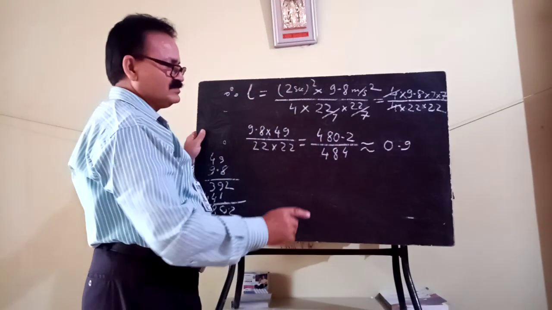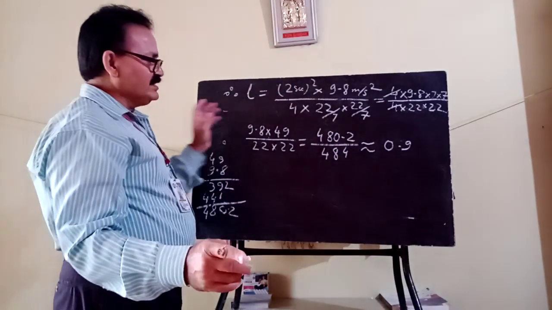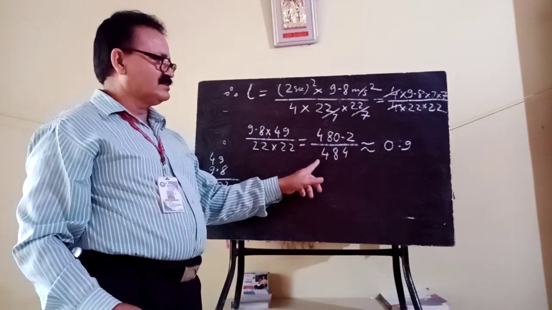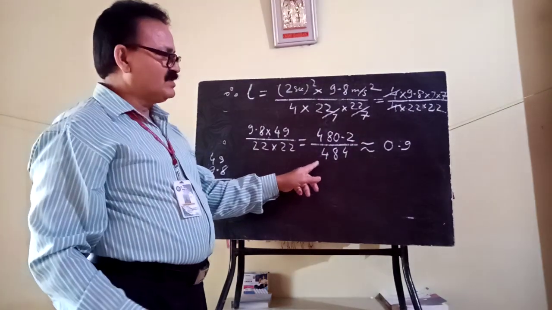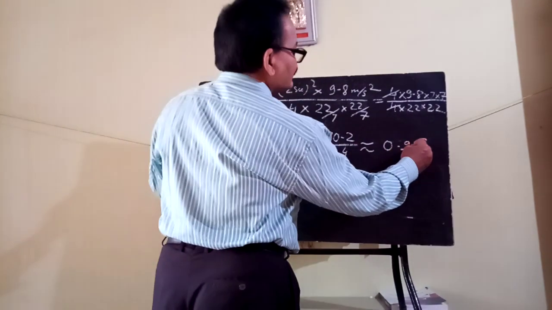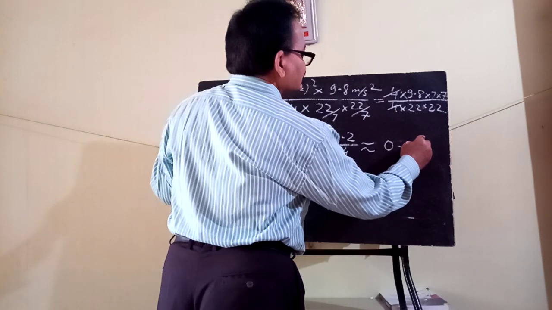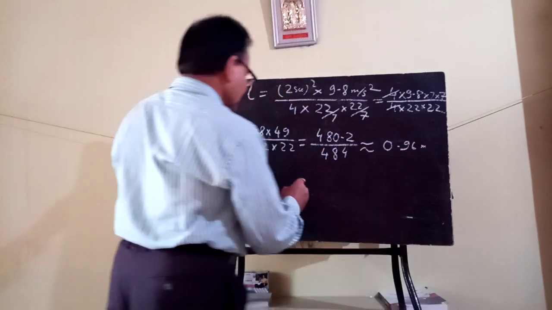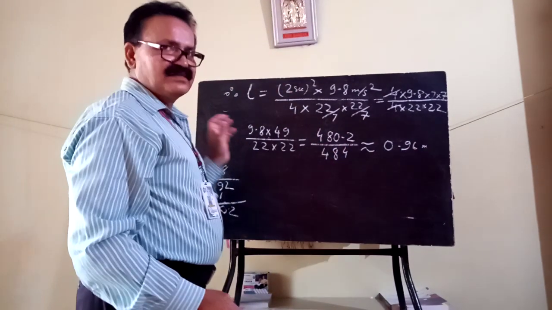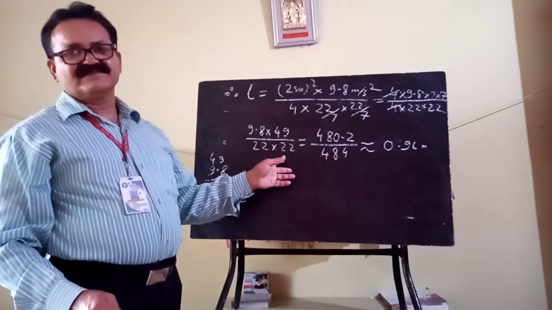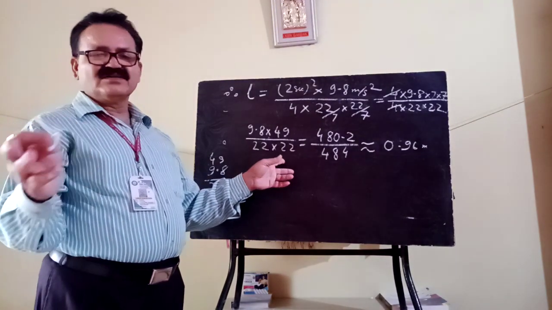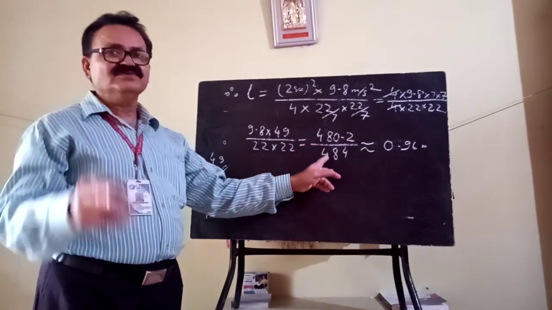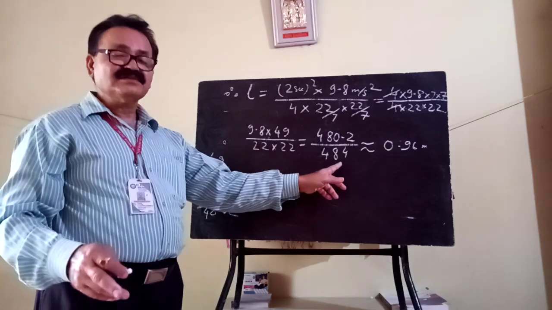You just divide 480.2 by 484. The answer will be 0.996 like that meter, or exactly you have to divide it, then you will get the answer. Okay, any one of you can explain the division? 480.2 divided by 484.